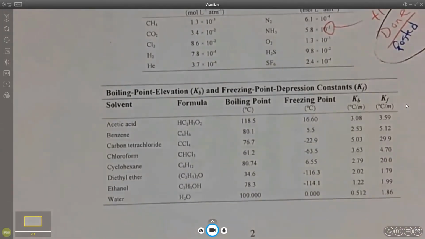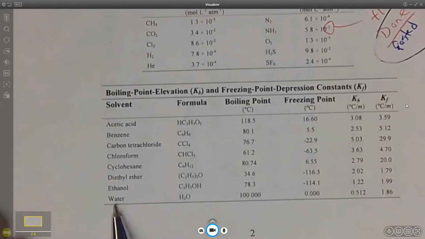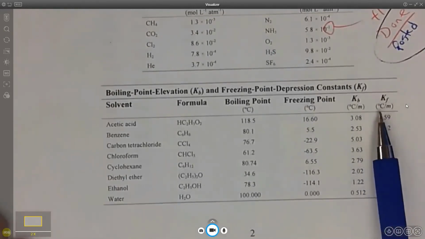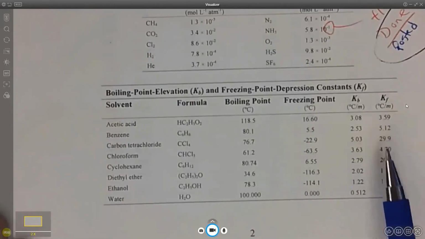So what is the value? Would it be 1.86? Yeah. Okay. Remember, it has nothing to do with the solute, just the solvent. Since this is an aqueous solution, our solvent is water, and we're looking for the freezing point depression constant, which is given in degrees Celsius per molal. And for water, it's 1.86.